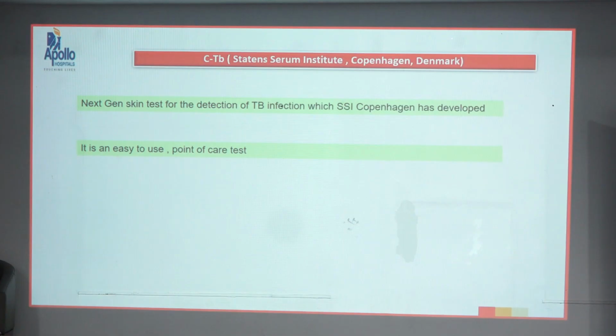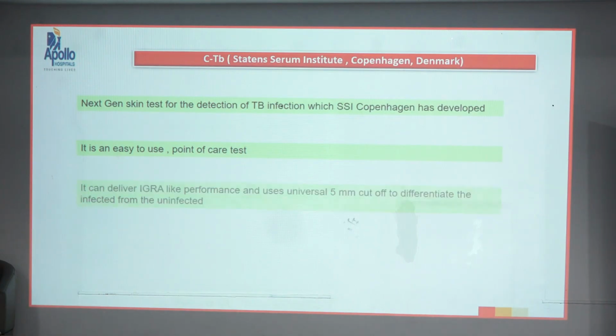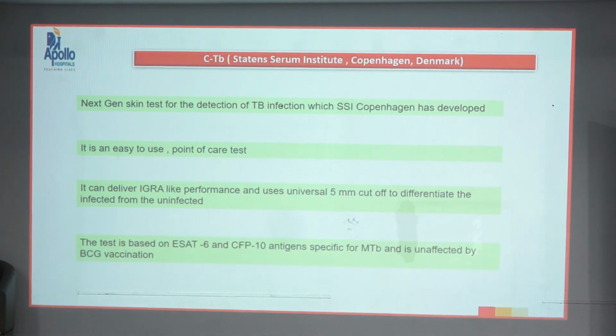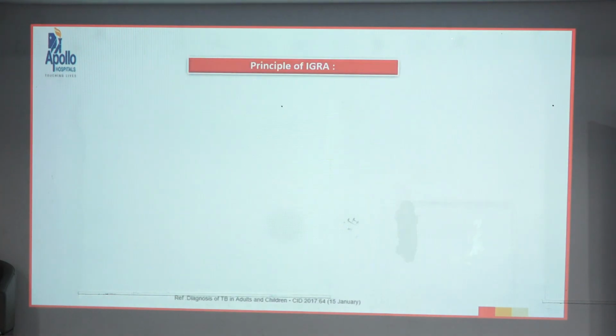Now this new test will have the advantage that it will be specific to only Mycobacterium tuberculosis and it will not be confused with other BCG and non-tuberculous mycobacteria. It can deliver IGRA-like performance and uses a universal 5 millimeter cutoff to differentiate the infected from the non-infected. The test is based on ESAT-6 and CFP-10 antigens, which are specific for MTB, and it is unaffected by BCG vaccination. So this is the new test that we will be getting in the near future.